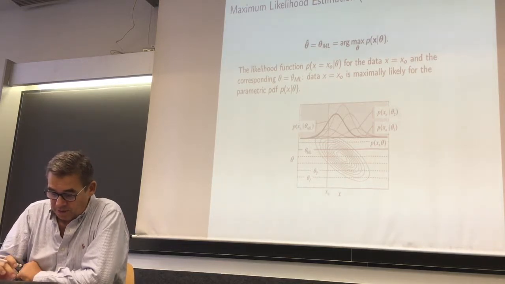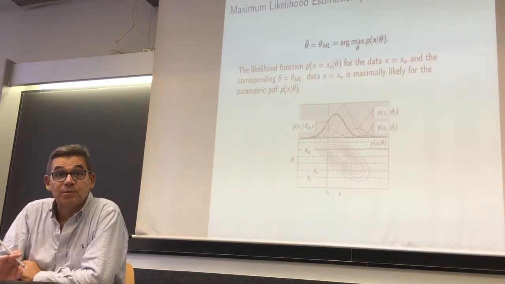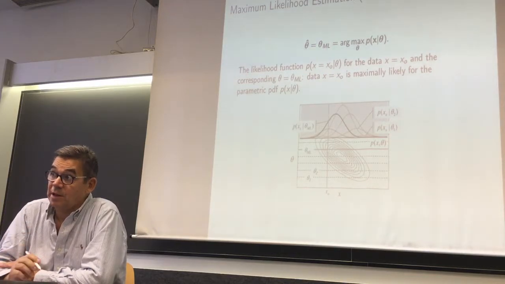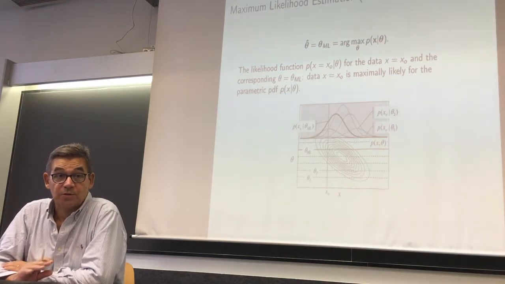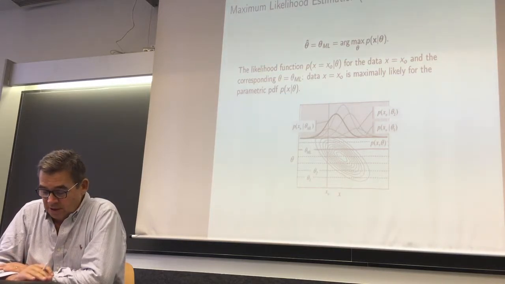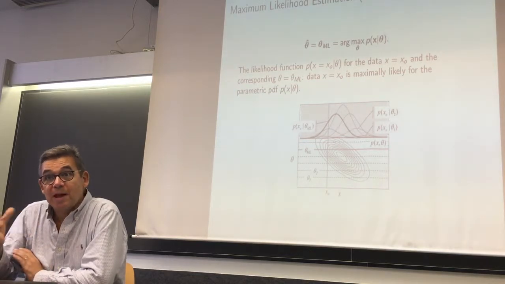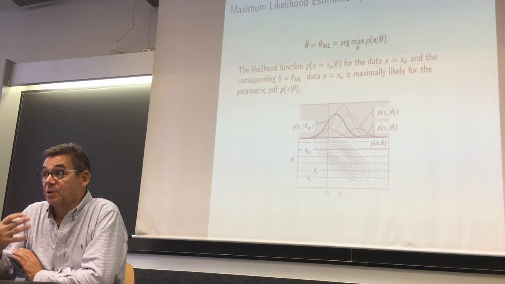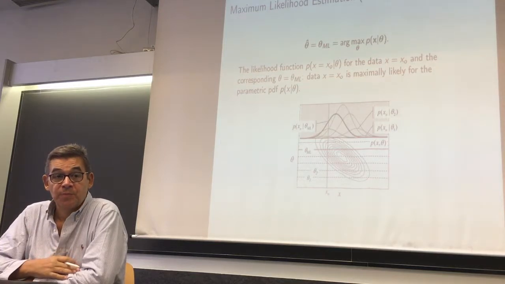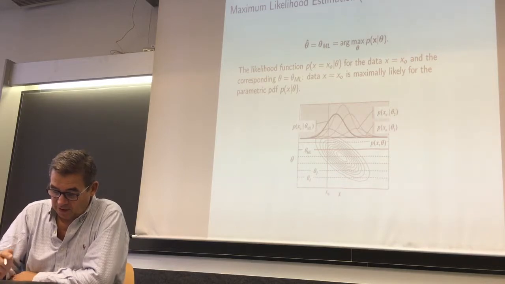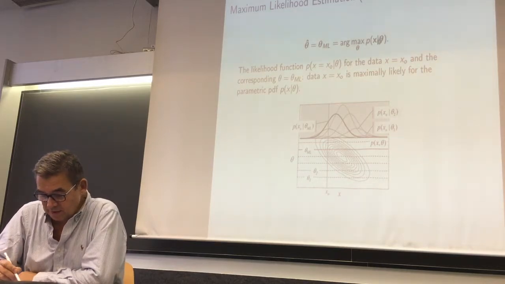So now the system works in a very simple way. What we need to write is the probability density function of the observation, which is the data, x. This probability density function should be parametric with respect to the set of parameters. This parametric representation is indicated by this vertical bar here.